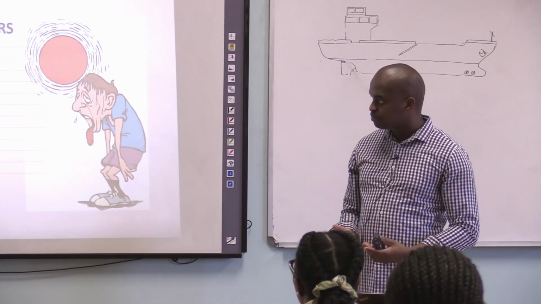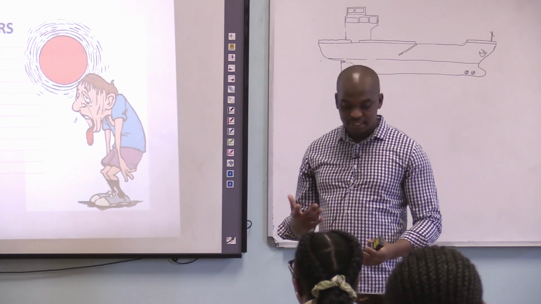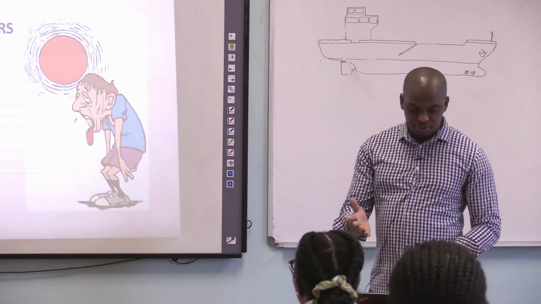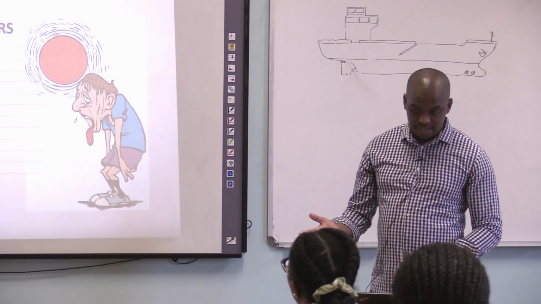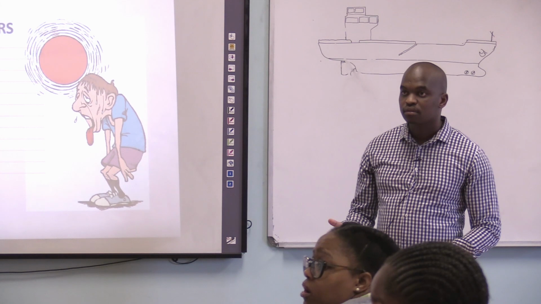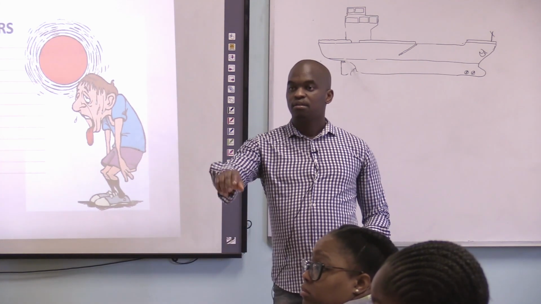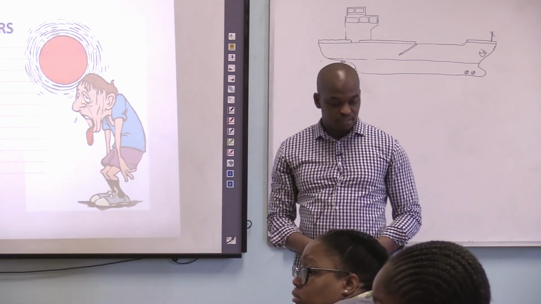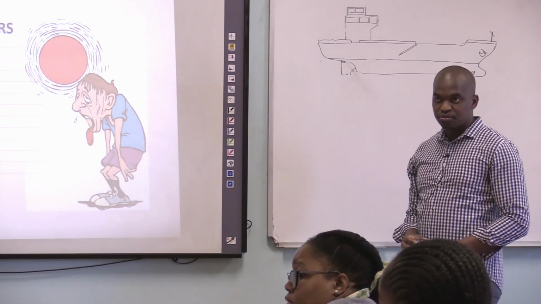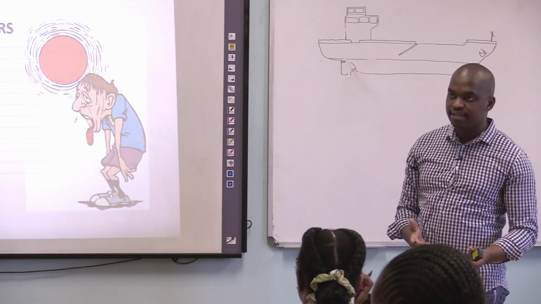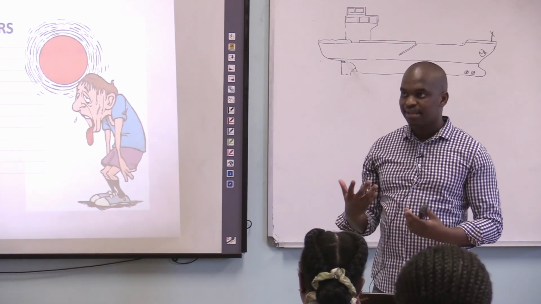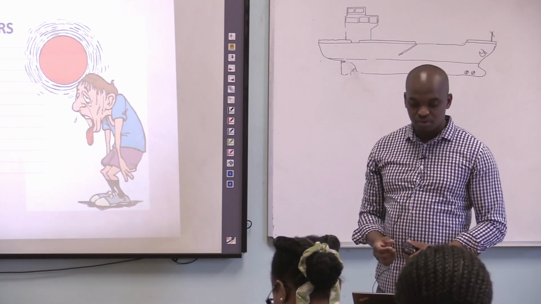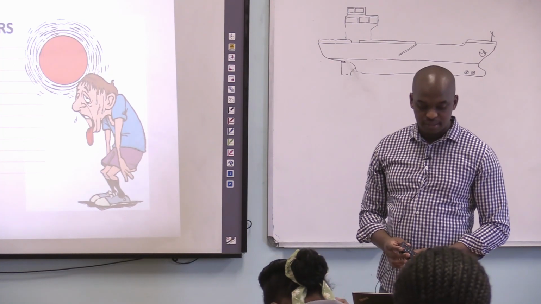Those are sellers, and people that buy cargo are buyers, consignors and consignees. So they produce, load the goods, transport, unload the goods, sell and exchange. A consignee is somebody that buys the goods, a recipient who receives goods from the seller.